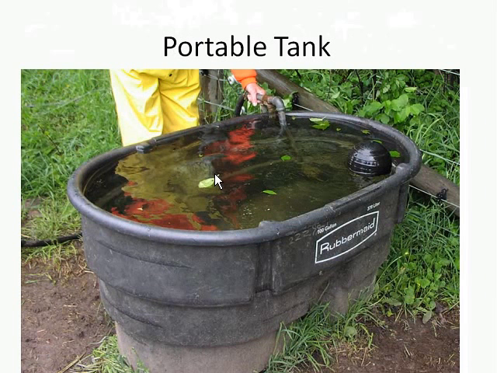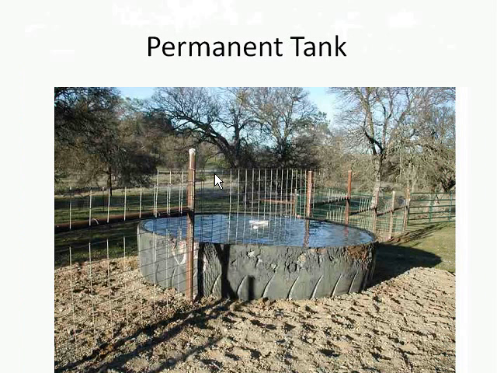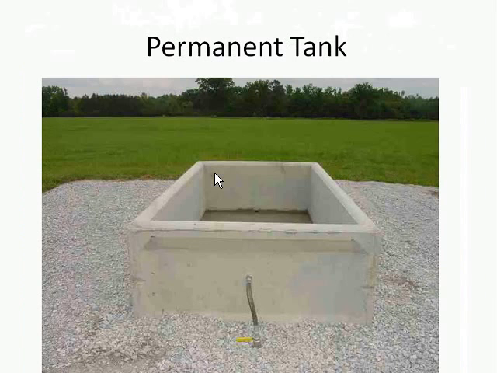Permanent tanks are tanks that you don't move. You put these in strategic locations, typically in an area where you can water more than one paddock at once. Some tanks will need to be more robust than others, because cows can tend to move around a tank, and so you want a tank that's strong enough so the cows can't knock it around, move it, or damage it in any way.